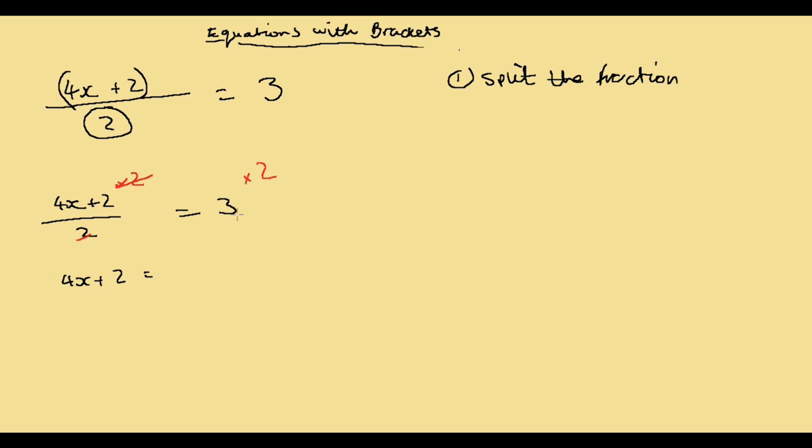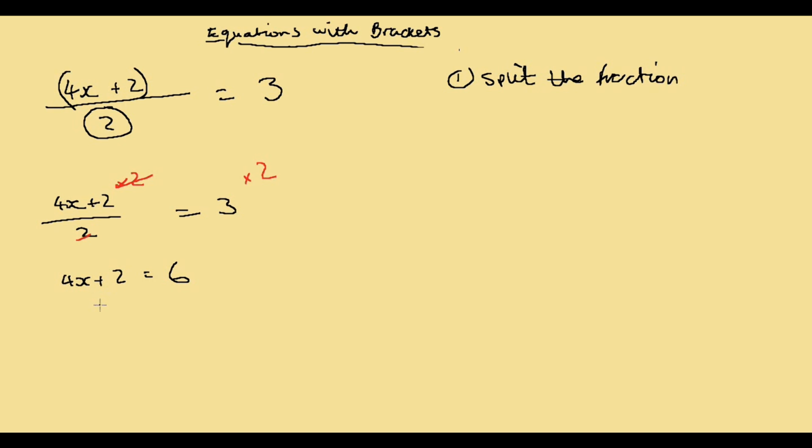But what happens on the rest? Well, in this particular case, we've got 3 times 2 on the right hand side, which makes 6. So there we go, we're back to a nice two-step equation that can be solved fairly easily using our backwards BIDMAS thing.